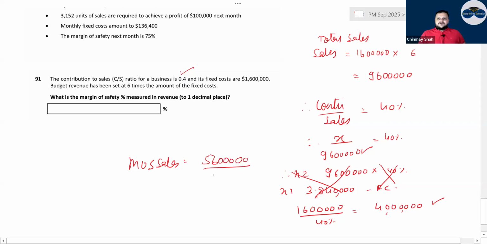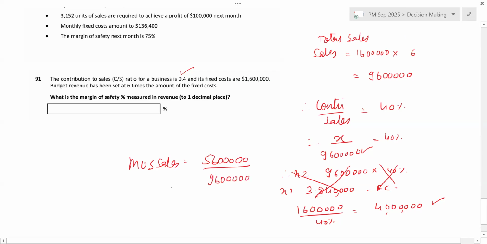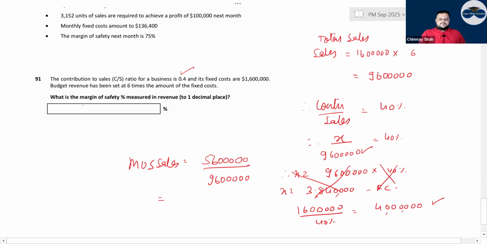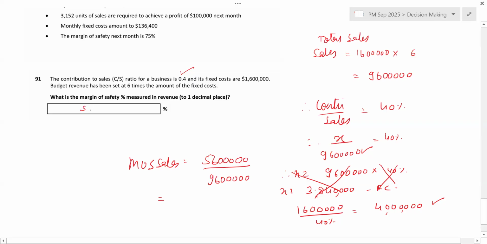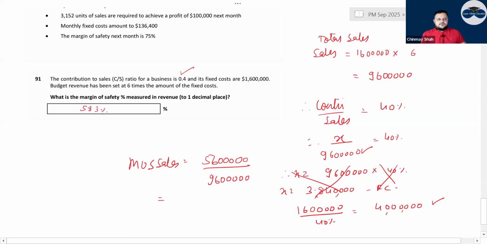Divided by 9.6 million gives the margin of safety percentage. 58.3%. Let's check the answer. Do this. 58.3.